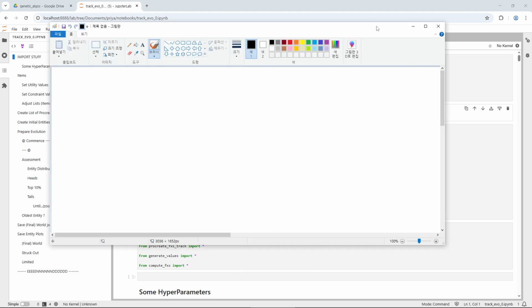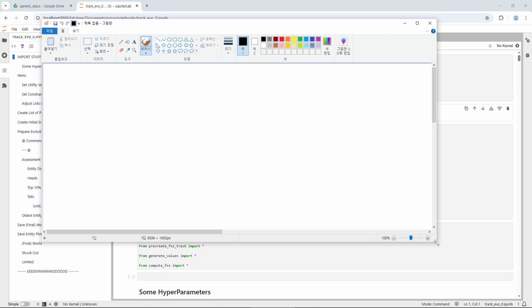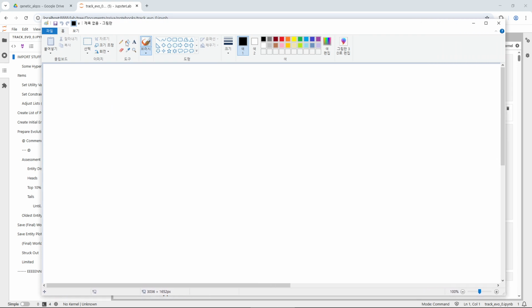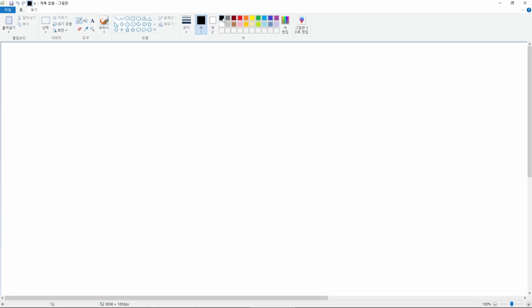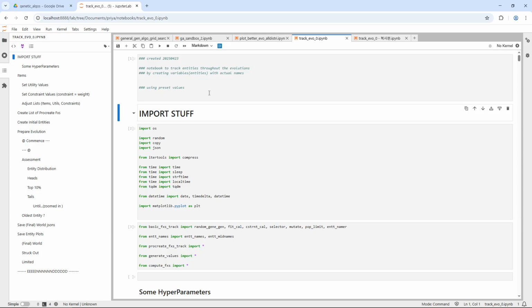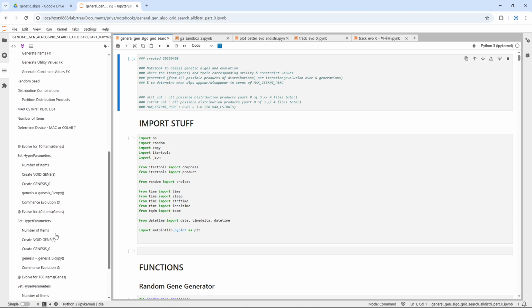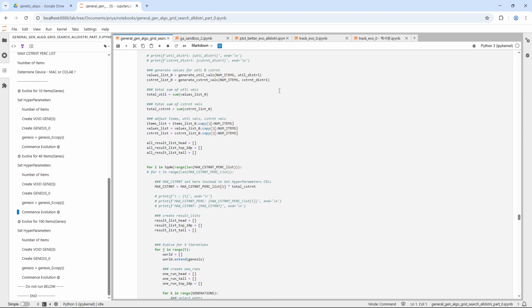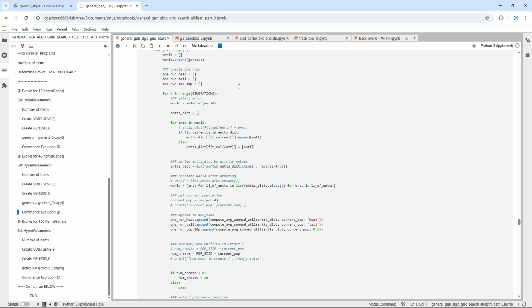If anyone recalls, the way I used to do things is that I would evolve things in a notebook, something like this, and all the entities would just be lost.